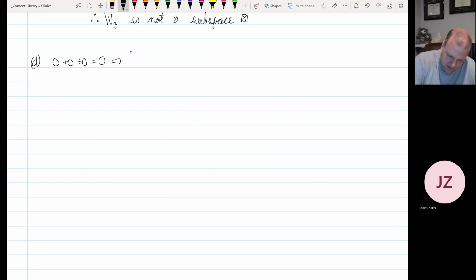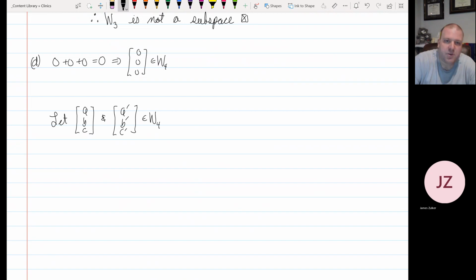So this means that the 0 vector is in W4. So let's do this. Let's say ABC and A prime, B prime, C prime are in W4.